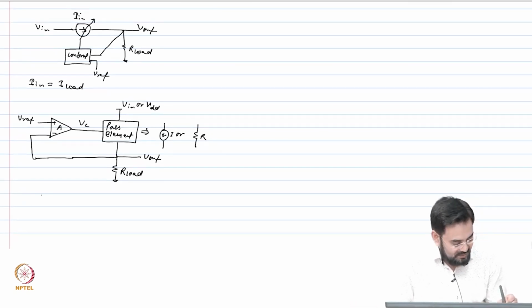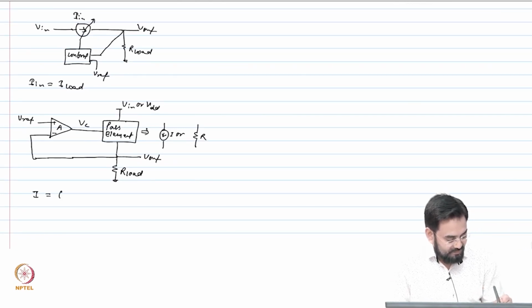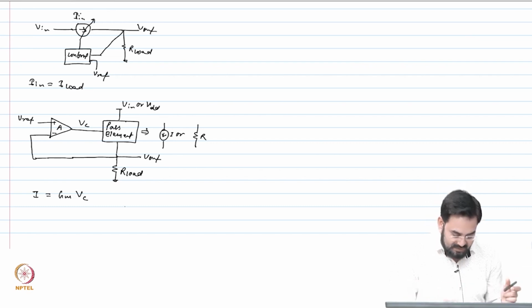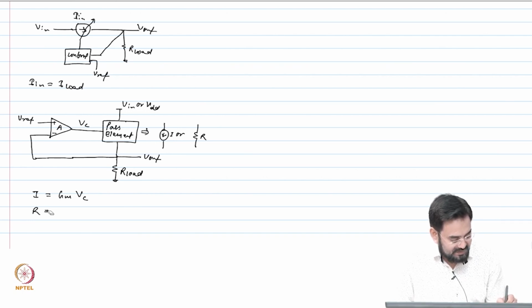So I is gm of Vc. It is not Vc actually, but let us say Vc, it depends on V mean also, but the small signal will be your Vc. R equals, so I will just add a proportionality factor, proportional to Vc.